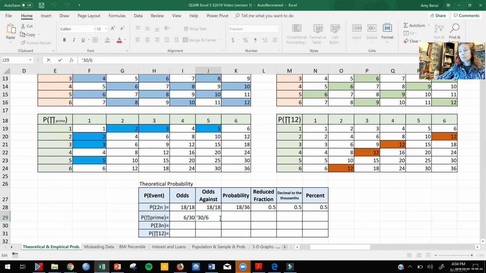All right, and then I'm just curious about this cell. Oh, there we go.